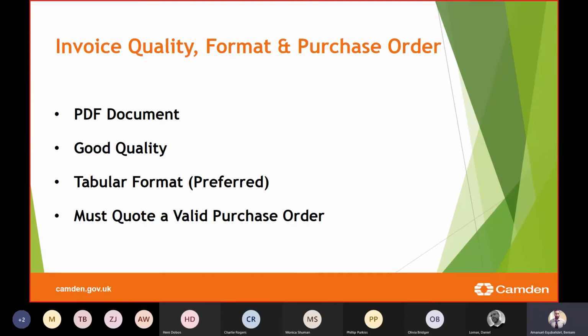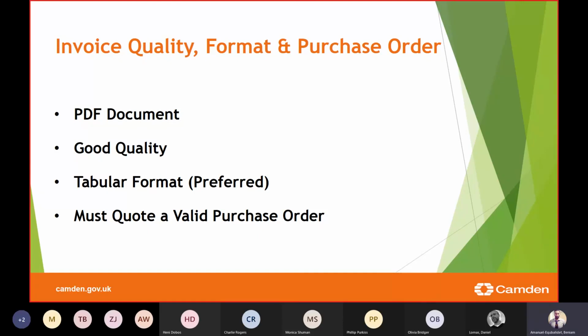So if you have, for example, a description on an invoice, you align it perfectly with the value of that description, or the item or the service that you've provided. But that will make more sense when I show you a demo of an example. And lastly, it must quote a valid purchase order number.